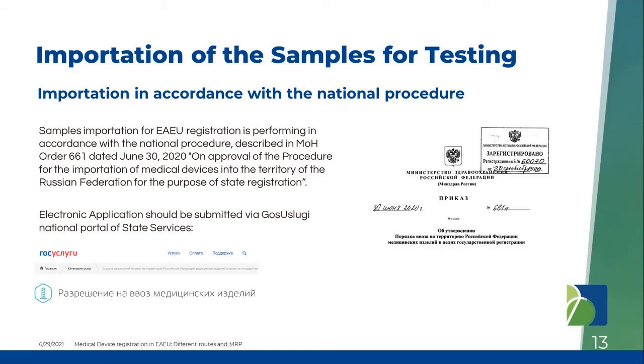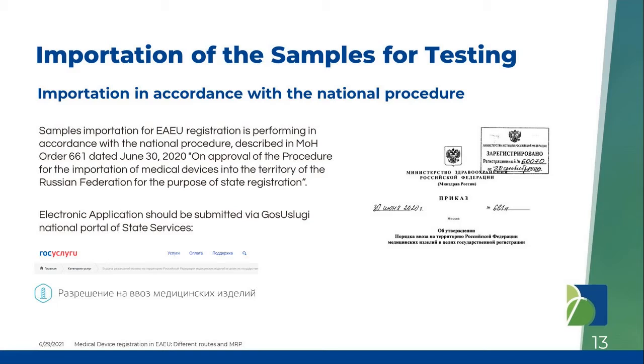The next important thing: importation of the samples for testing. There are a lot of questions and concerns about the procedure. Should we get an import permit in accordance with the current national procedure, or will there be a specific Eurasian Union procedure? Currently, the samples for Eurasian Union registration are imported in accordance with the national procedure.